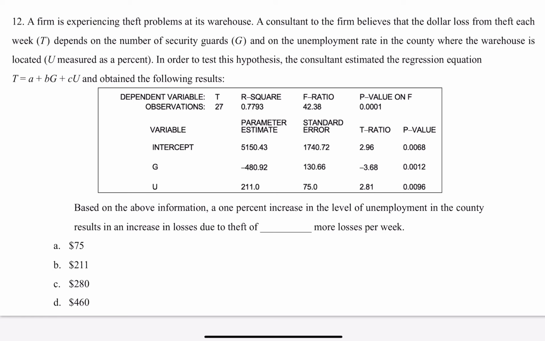So we're going to have our equation. Sorry guys. T plus A plus BG times CU.